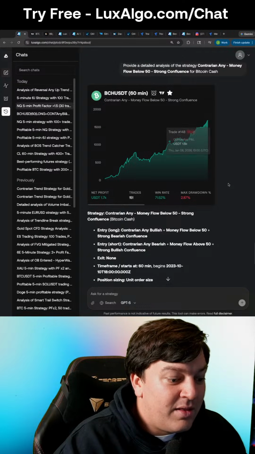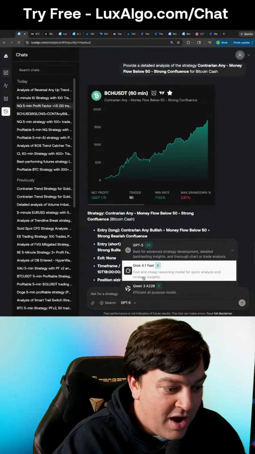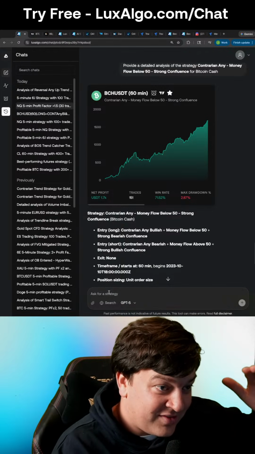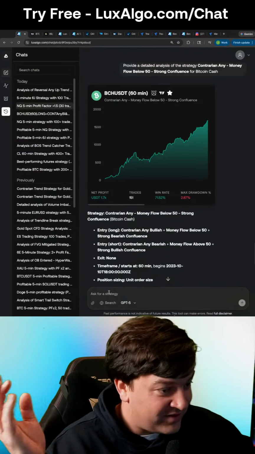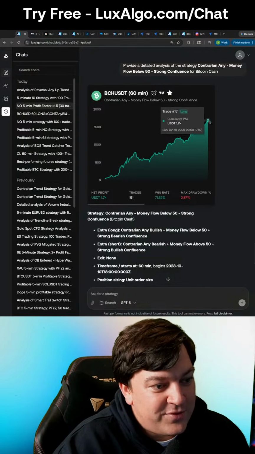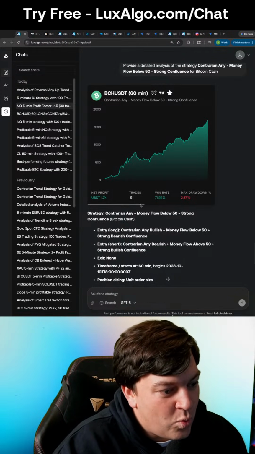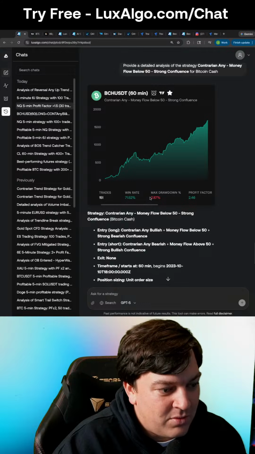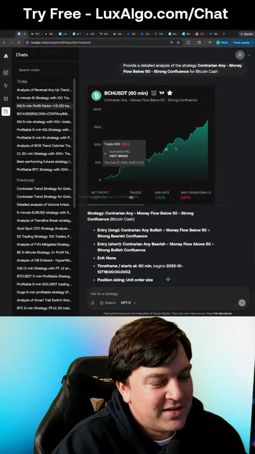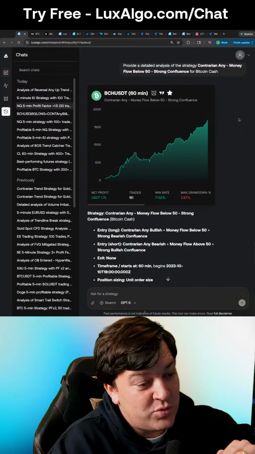From there, GPT or Grok or Qwen is going to go into our database, into that engine that's backtesting 3 times a week, all the different assets and the millions of combinations of LuxAlgo premium features, and it's going to try to fit a strategy that you want, whether it's a high win rate or a decent max drawdown or profit factor. It's going to go in there and search for what you want.